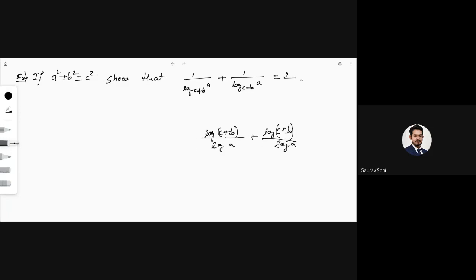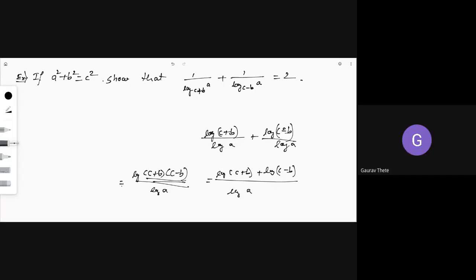Denominator is the same, so we have log of (c plus b) plus log of (c minus b), totally divided by log of a. Then I will use the log a plus log b property. That will be log of (c plus b) into (c minus b) upon log of a. What is this? (c plus b) into (c minus b) is c square minus b square, so that is log of (c square minus b square) upon log of a.